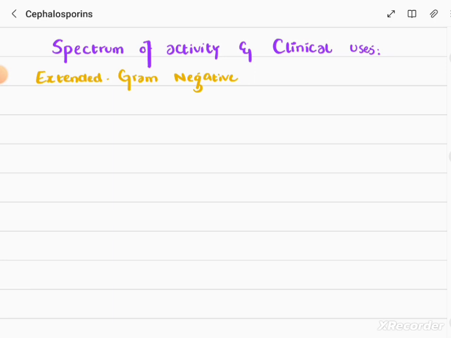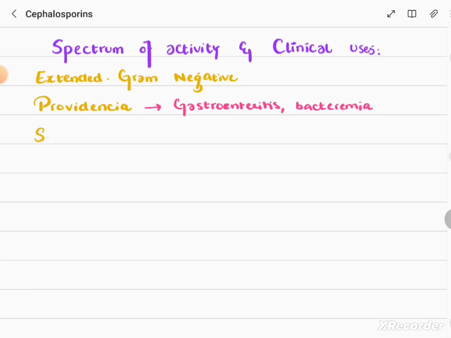So they have activity against Providencia. Providencia is a gram-negative bacteria that causes gastroenteritis, and it also causes bacteremia. So we use cephalosporins in the treatment of gastroenteritis and bacteremia caused by Providencia.